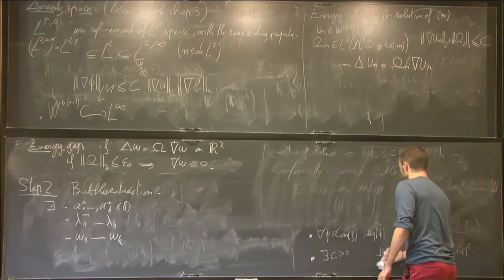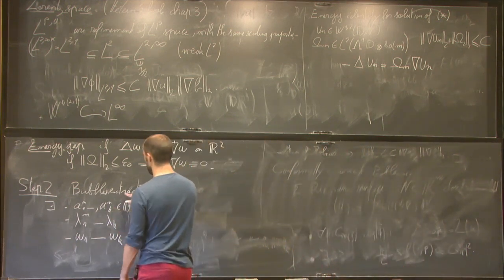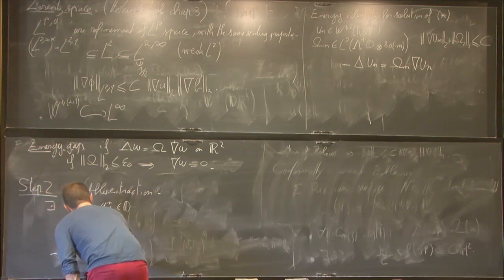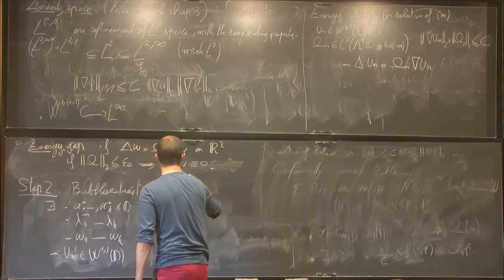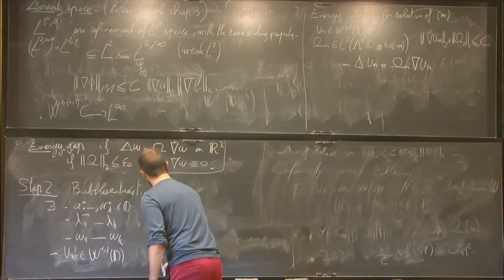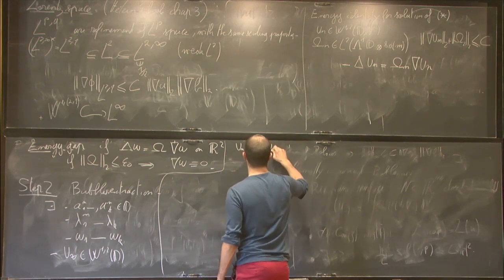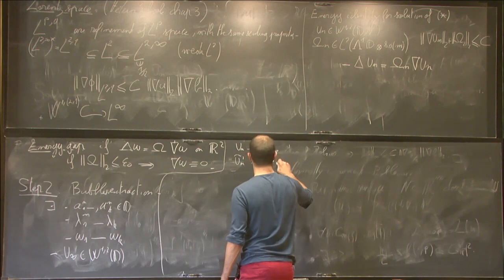When you dilate your bubble, there also exists u infinity in W^{1,2} of the disk such that u_n goes to u infinity. When you rescale, u_n goes to the bubble, of course.